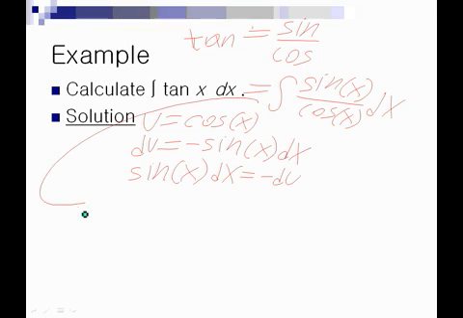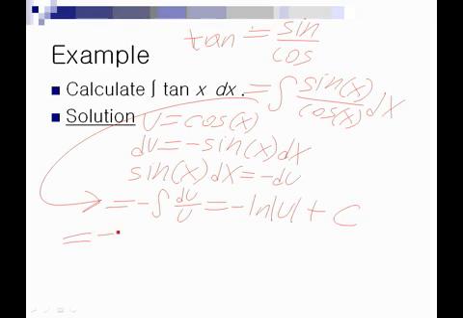So the integral now transforms into a negative integral of du over u, which is now the negative natural logarithm of the absolute value of u plus some arbitrary constant. And so if you like, that's negative natural logarithm of the absolute value of cosine of x plus an arbitrary constant.